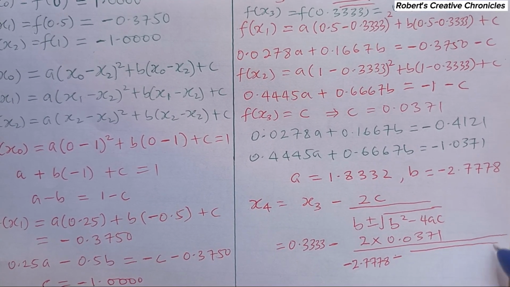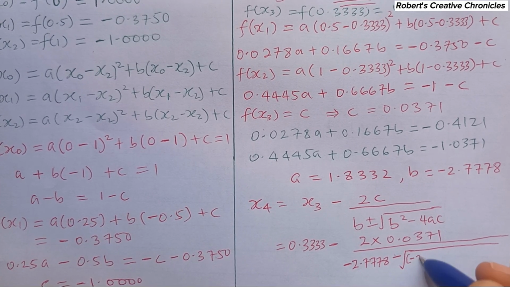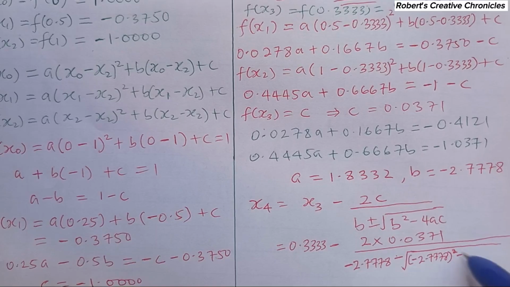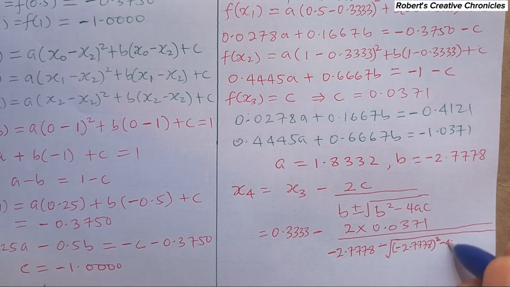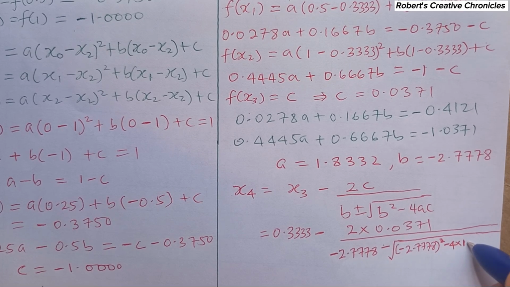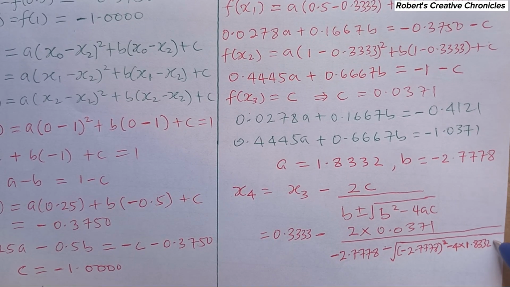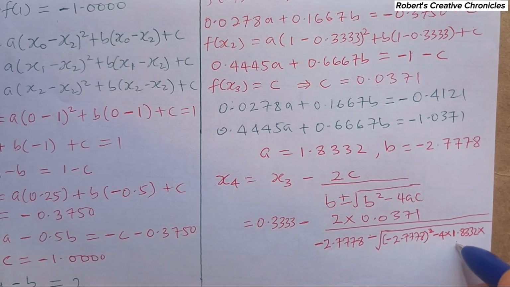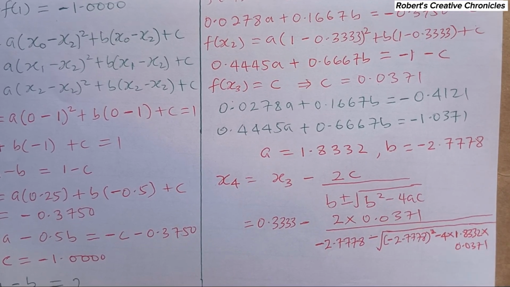Minus, since b is negative, root of b squared minus 4ac. So 4 times 1.8332 times, okay, there's no more space, let me write it under, times 0.0371.